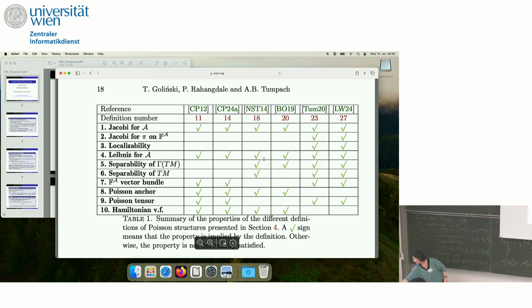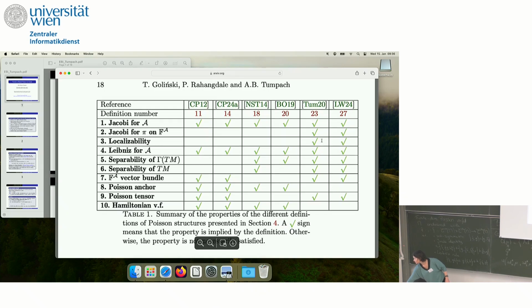For instance, in my case, the last two definitions are more or less the same kind. I don't assume the existence of Hamiltonian vector fields, because in the example I wanted to have, I was not sure that the Hamiltonian vector field would exist. And indeed, in this paper, we have an example in operator theory where there is no Hamiltonian vector field.